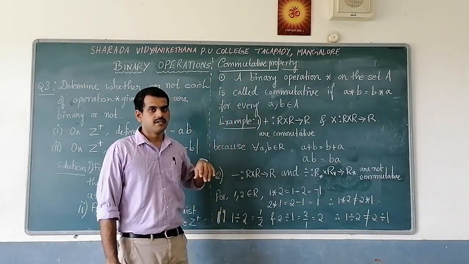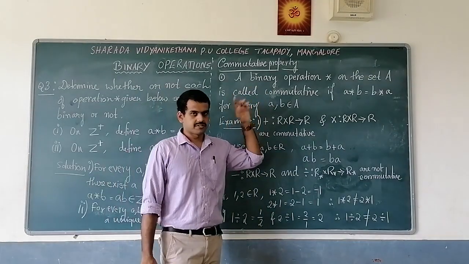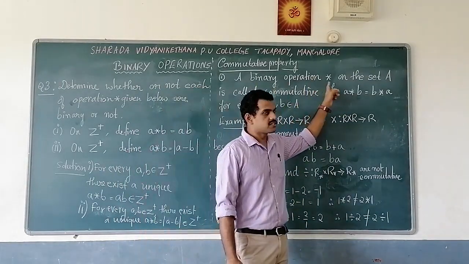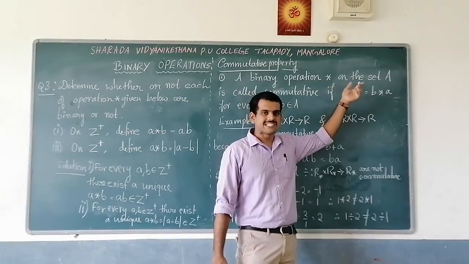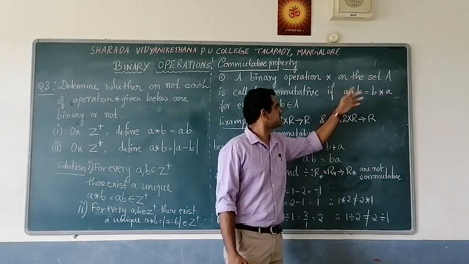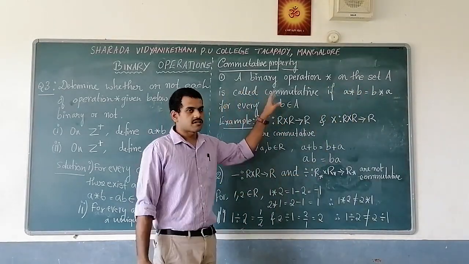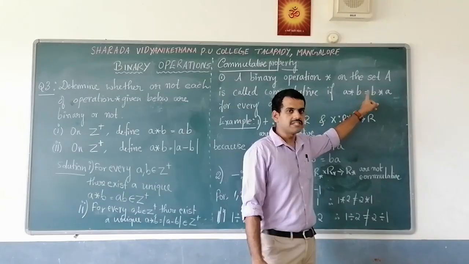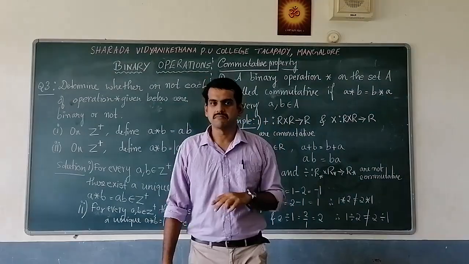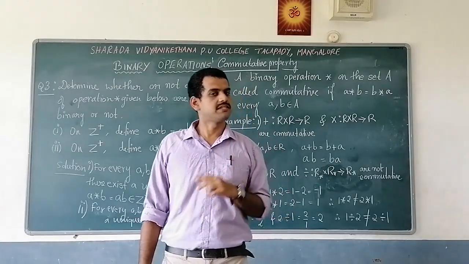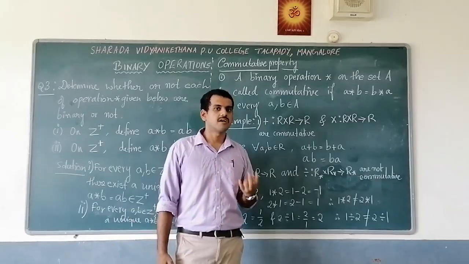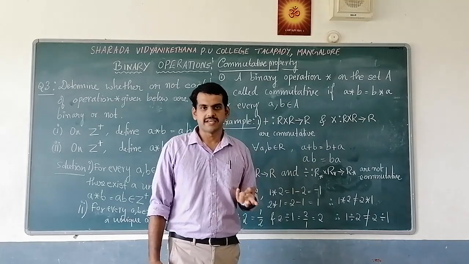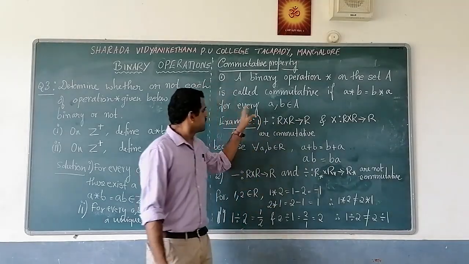Coming to the commutative property, consider a binary operation star on any set A. It is called commutative if a star b and b star a are both one and the same. If that happens, then we say that star is commutative on that set A. Now, it should happen for every case.